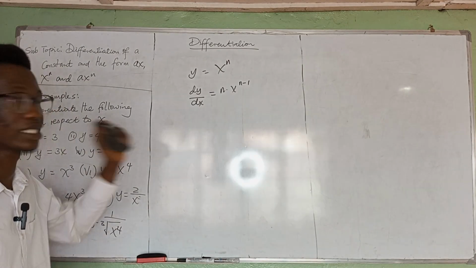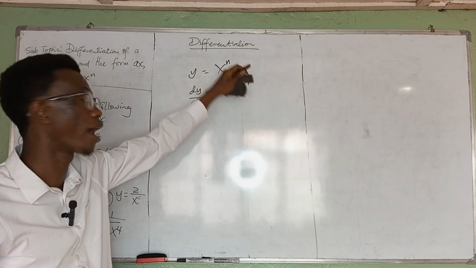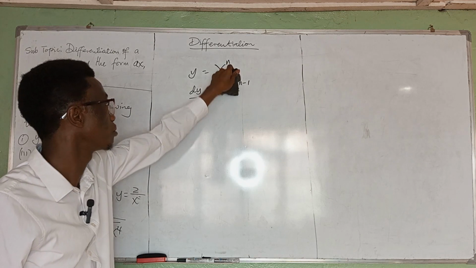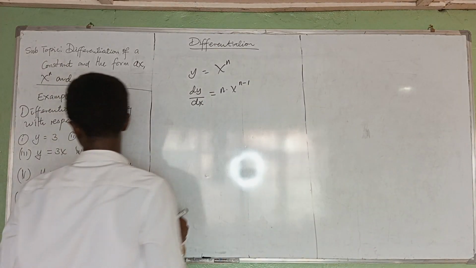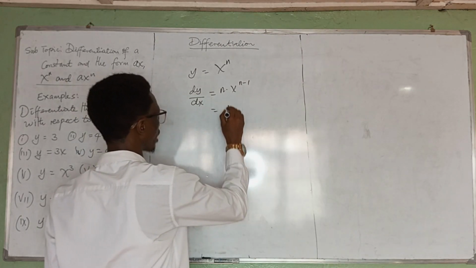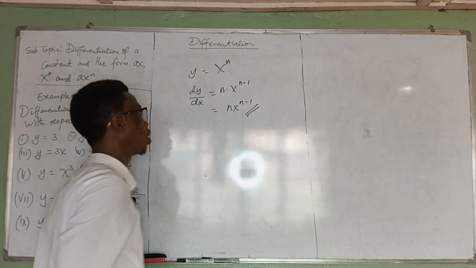So that's the rule for us to differentiate this form. When we have a power of x, we take n multiplied by the coefficient here, and we subtract 1 from n. So that's it. So this now becomes nx^(n-1) as your answer.